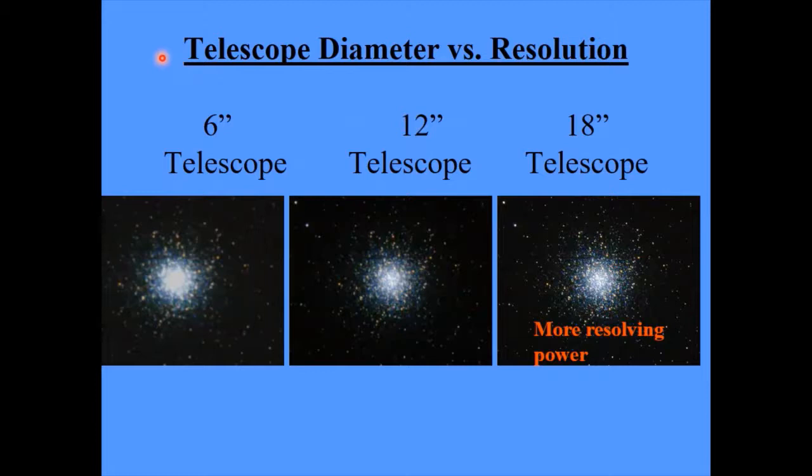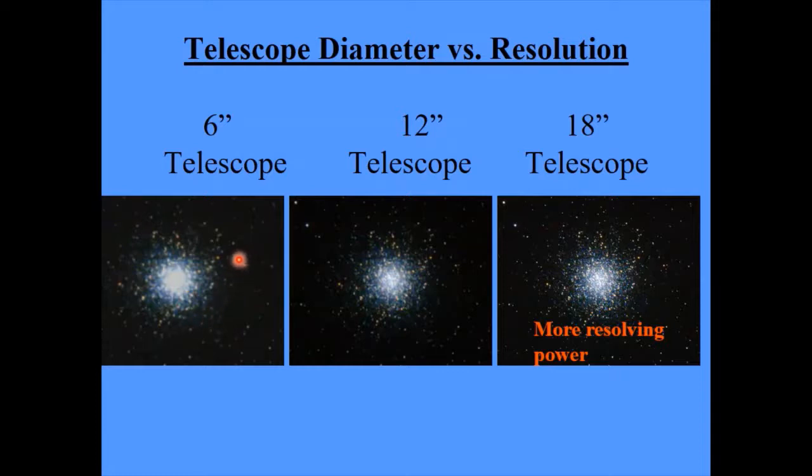So here is a simulation of the effect of telescope resolution on an image. Again, these are images that I took with my home-built telescope using a digital camera, and this is a picture of what's called a star cluster or a globular star cluster. Through a 6-inch telescope, a small 6-inch diameter telescope, the cluster might look something like this through the eyepiece.